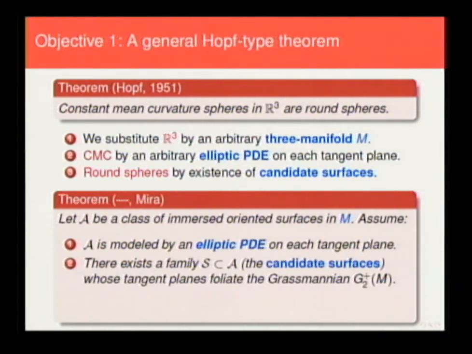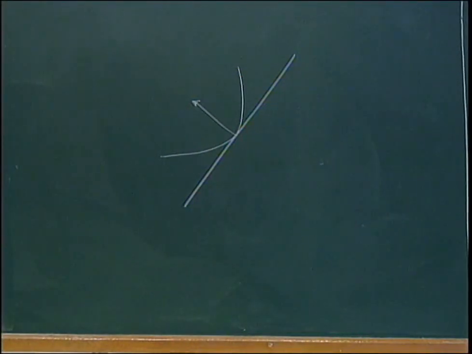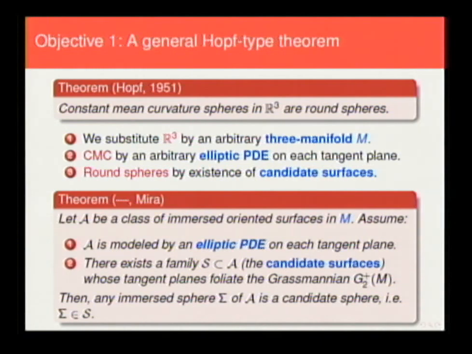This means that when in the manifold M we consider an oriented plane, we only have one surface in our family such that it is tangent to that plane at the corresponding point. In these conditions, I will explain that it is very general. Any immersed sphere of the class must be necessarily a candidate sphere.